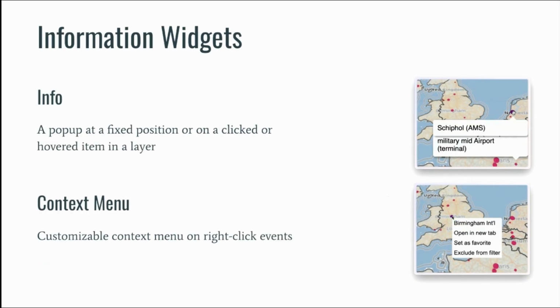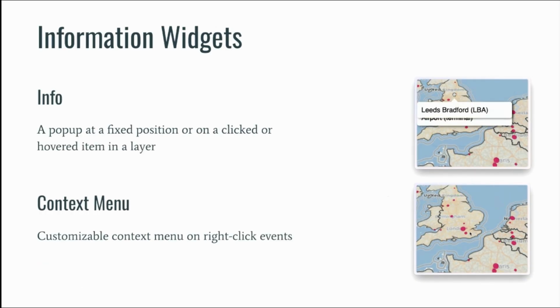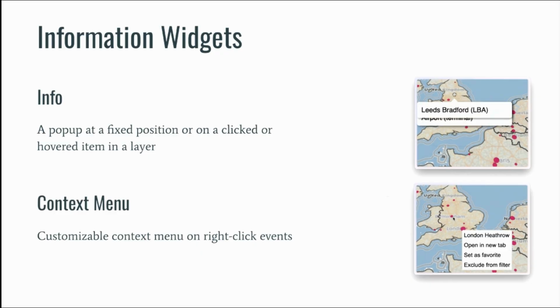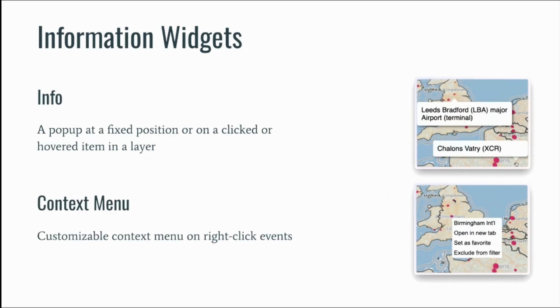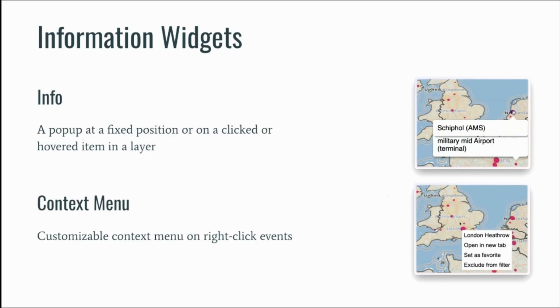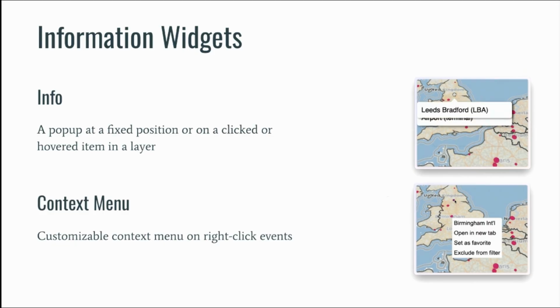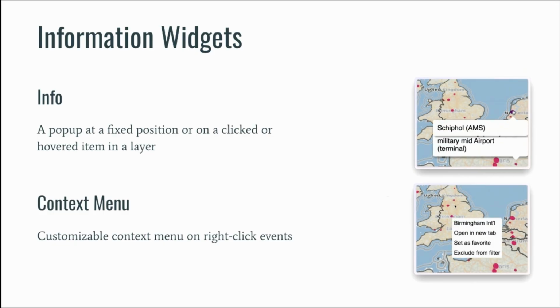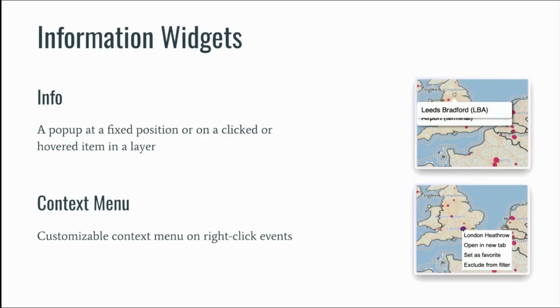Info widget, this one is probably the most commonly requested widget. It's basically the helper widget that, if you click on something on the screen or hover on something on the screen, you want to be able to define some custom HTML that you want to be overlaid on deck. And so info widget is the one you use for that. Context menu is the same thing, but for right-clicking on an element.